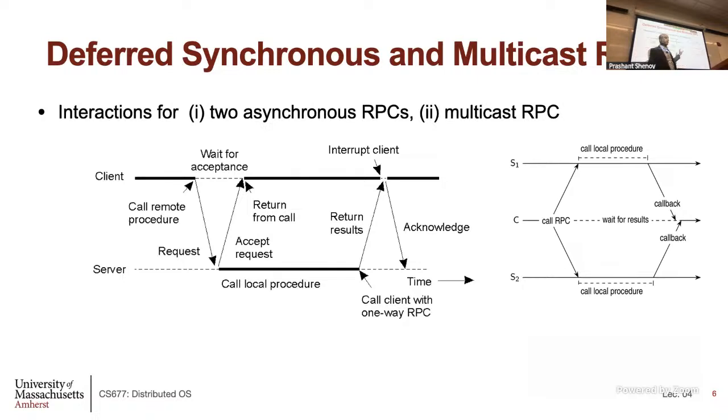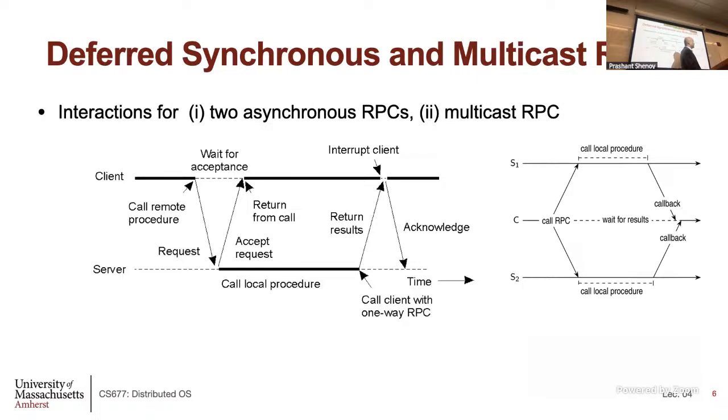So you will just send a request which includes the reply of the previous RPC. You have two RPCs, one going in the forward path and the other coming in the reverse path. Both are asynchronous in this case. So instead of a callback, you will use an RPC in the reverse direction to send the reply.